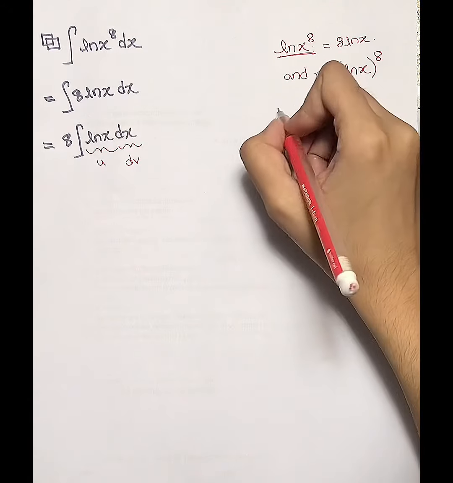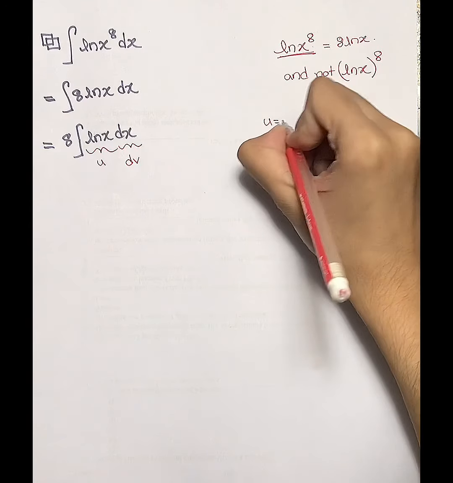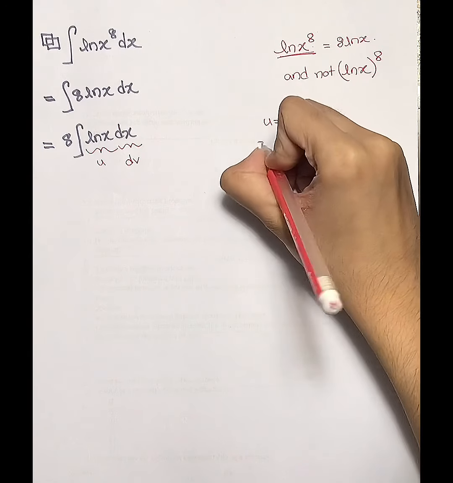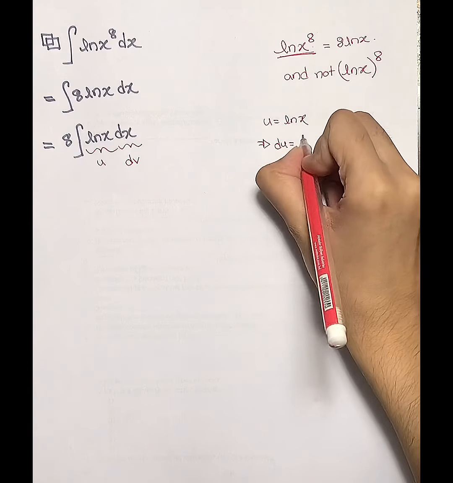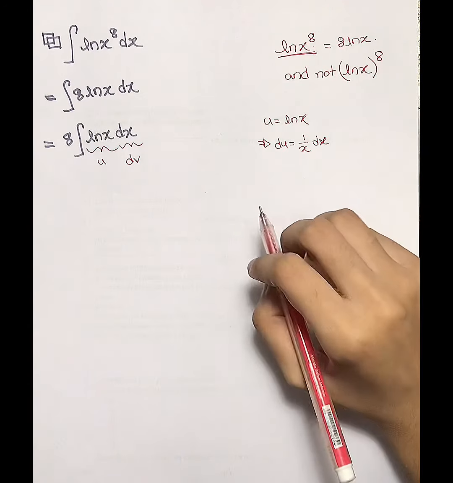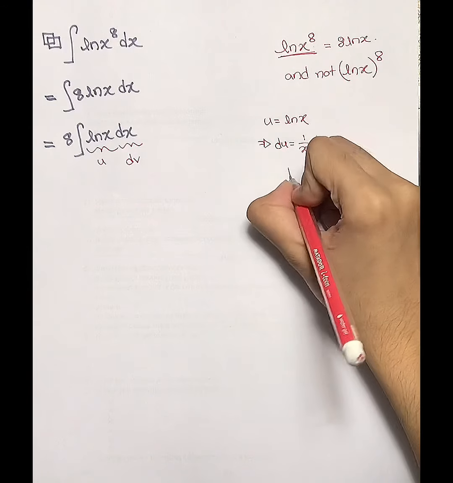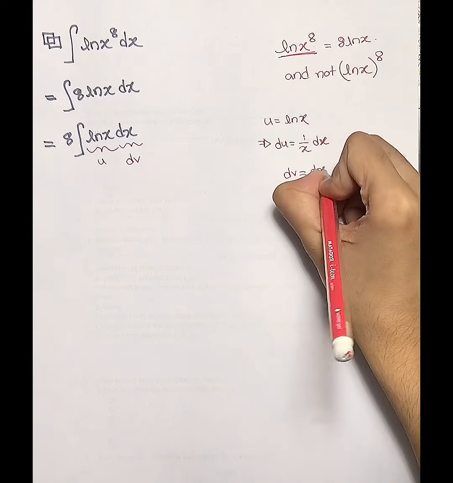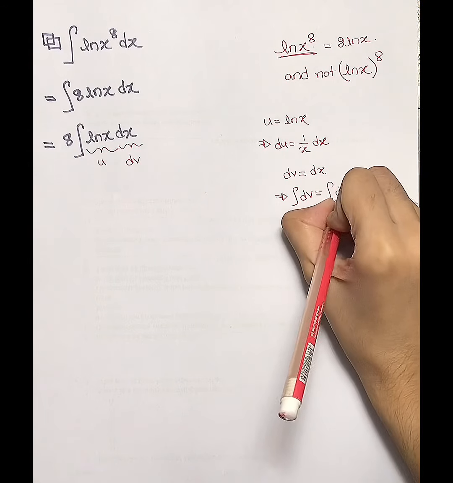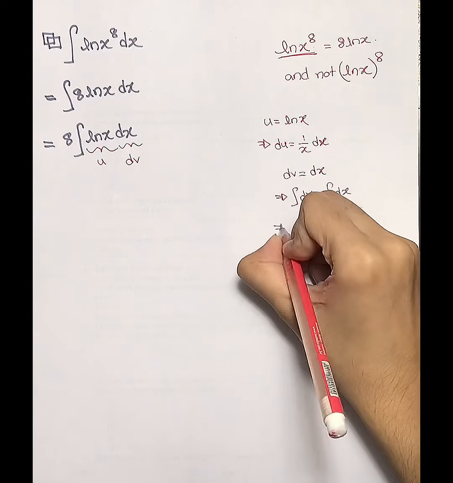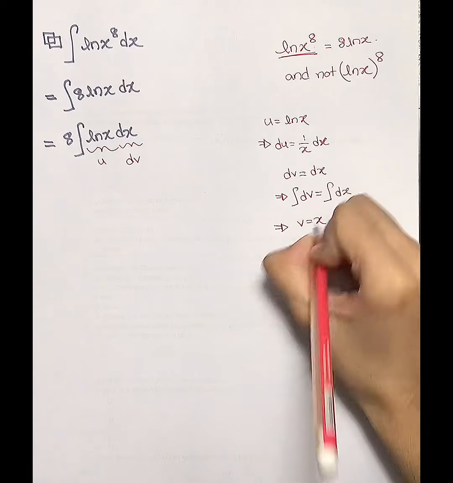So my u is equal to ln x, my du is equal to 1 by x dx, and my dv is equal to dx. Integration of dv is equal to integration of dx, and v is equal to x.